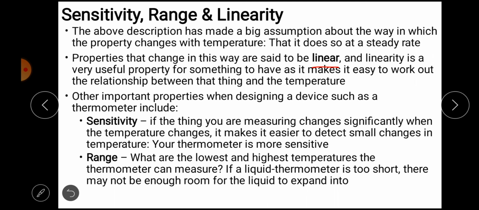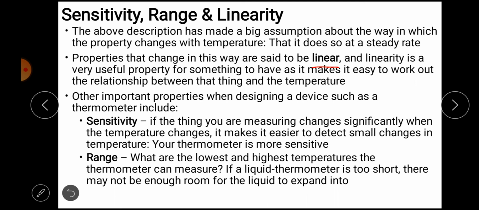Suppose that when it changes from 10 to 20 degrees, the thermometric property changes greatly, and then when it changes from 40 to 50, the change is small. It has to be the same, because we are using 10 degrees Celsius in both examples. So the change in the thermometric property of that material has to be the same.